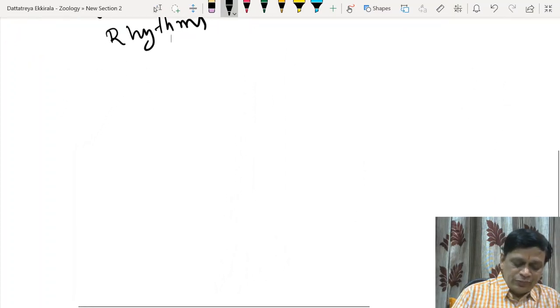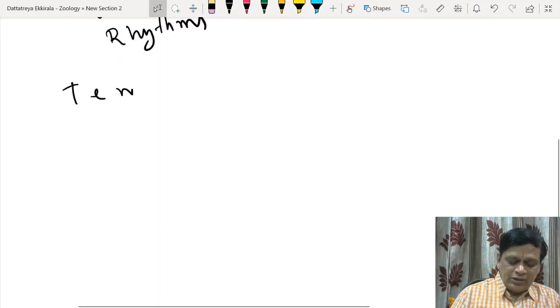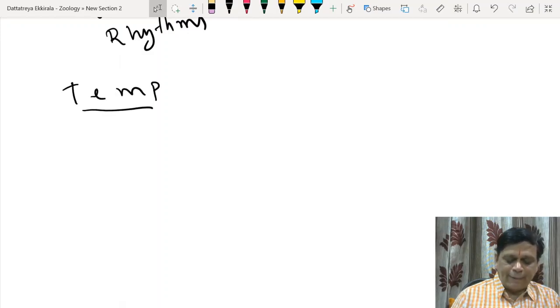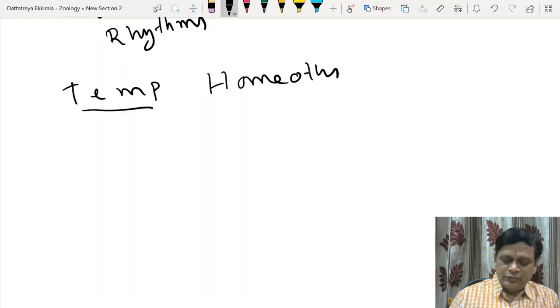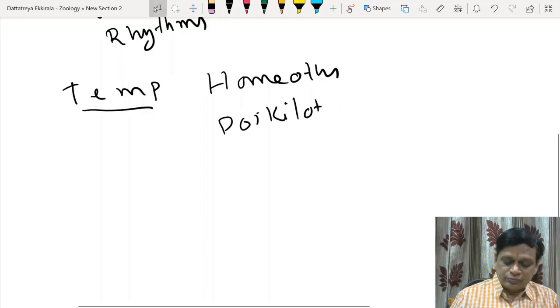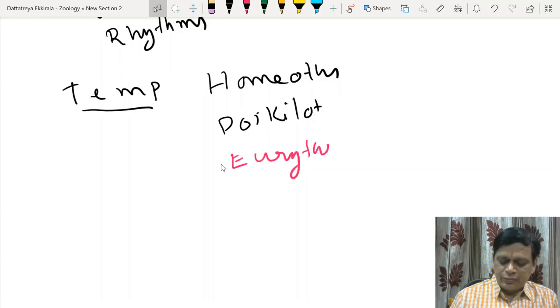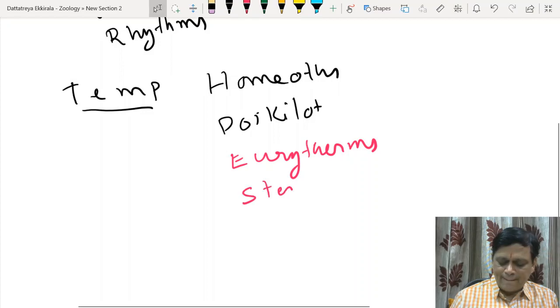Then second one, coming to temperature. If you take the concept of temperature, we have terms like homeotherms. So what are homeotherms and poikilotherms? Second thing, what are eurytherms and stenotherms?